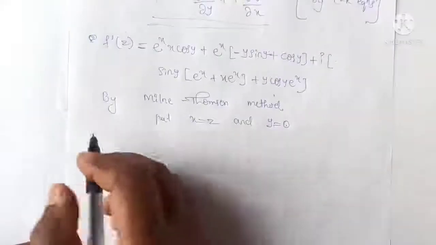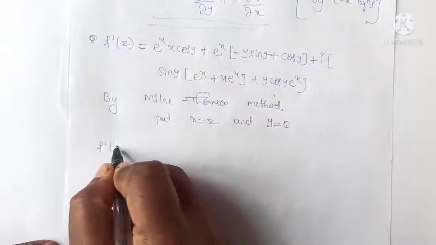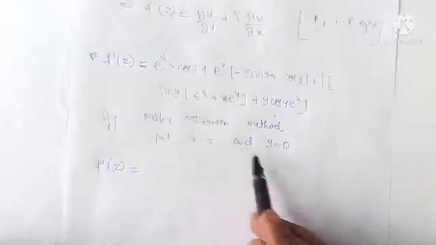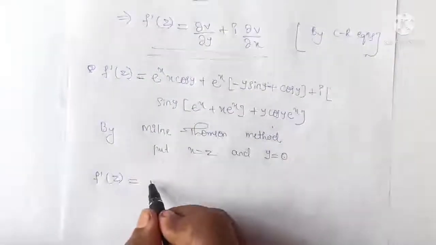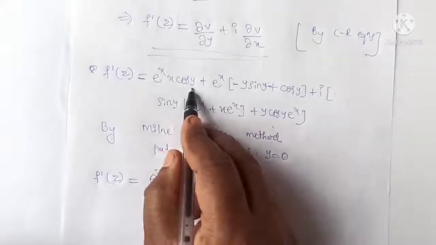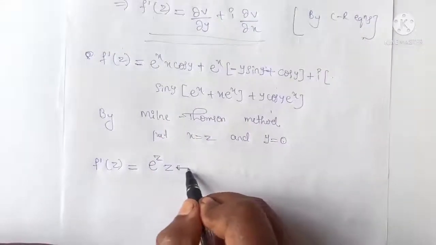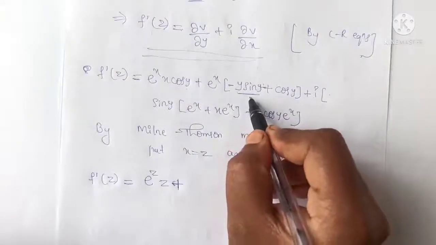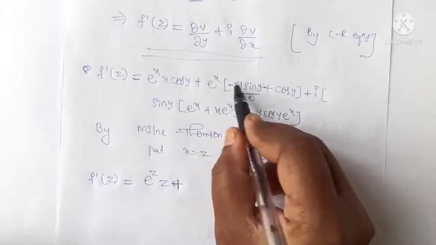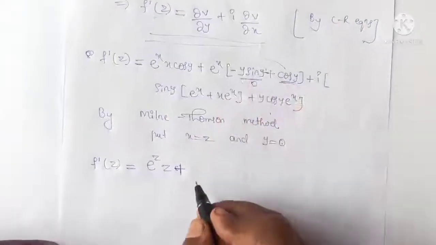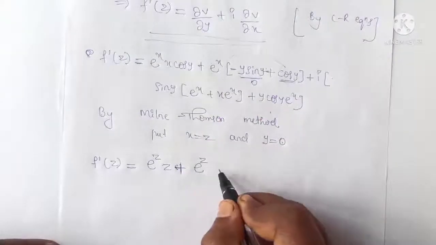So then we get f'(z) equals, substituting x equals z, y equals 0, this term becomes e^z z cos y, cos 0 is equal to 1, plus, in this term because y equals 0 we get 0, but cos 0 is equal to 1, so 1 into e^x, we get e^z into 1.